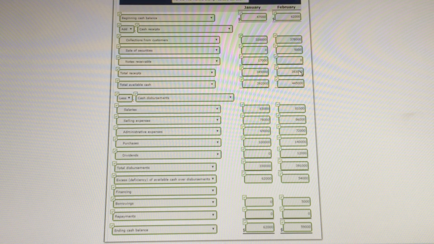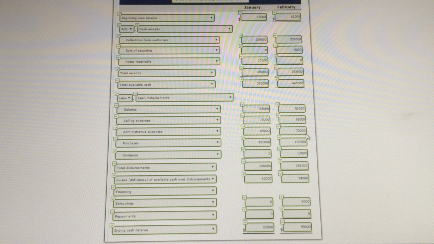You add these up and you have this total amount of cash, which is $445,000. Then you take away all of this information. Remember, the administrative expenses has to take away $1,000. On my one, it's $72,000.